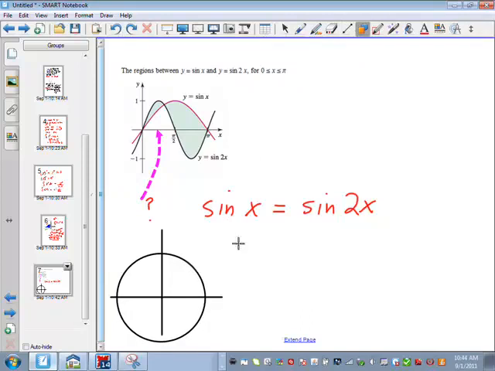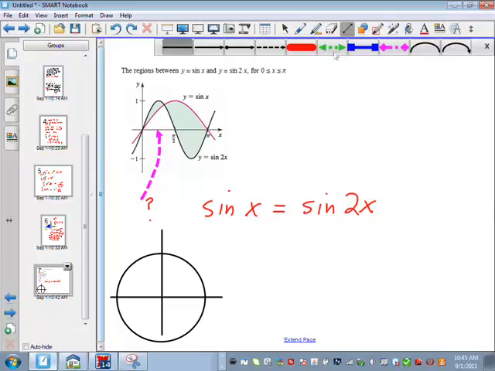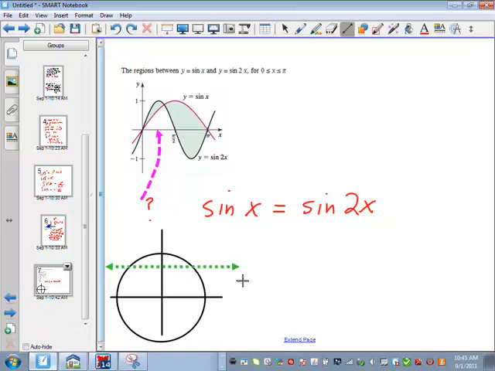Okay. So the sine of x is equal to the sine of 2x. The sine, of course, by definition, is what coordinate? It's the y coordinate, thank you. And so we need the y coordinate for an angle and twice the angle to be the same. And that is here. What angle is that?